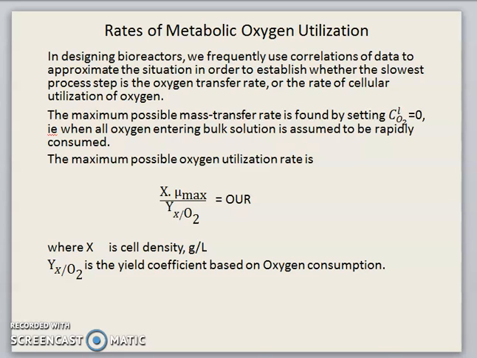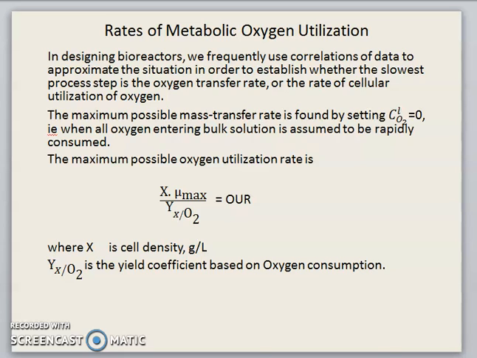The maximum possible mass transfer rate is found by setting C_O2L equal to 0, when all oxygen entering the bulk solution is assumed to be rapidly consumed.